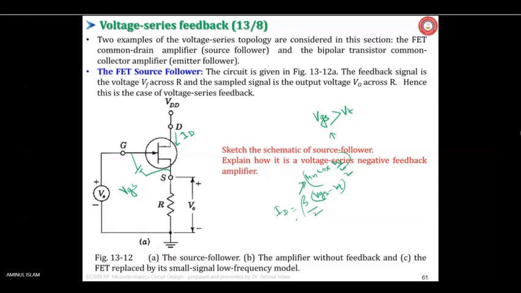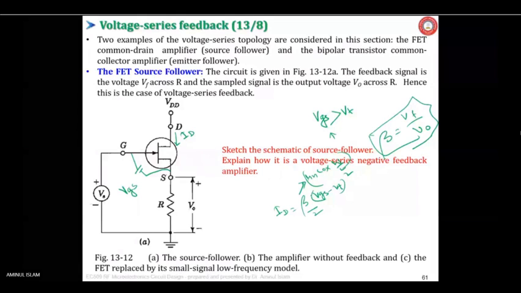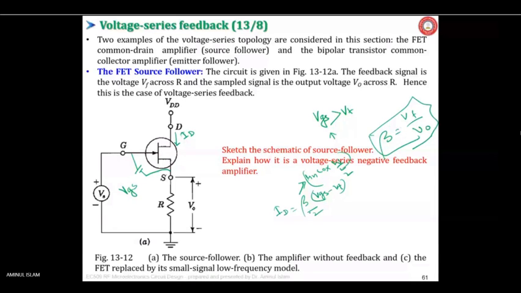I'm not writing it, but don't confuse it with the beta in the discussion that is going on. That beta is defined differently. That beta was VF by VO in case of a feedback network. So don't confuse with this one. To understand the characteristic of a MOSFET, you use this one: mu n Cox W by L into (VGS minus VT) whole square divided by 2.